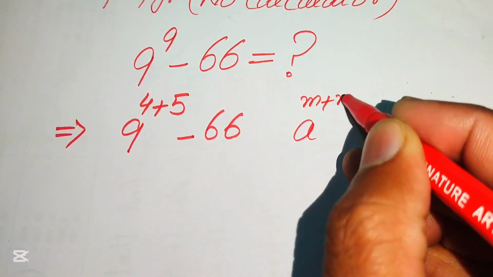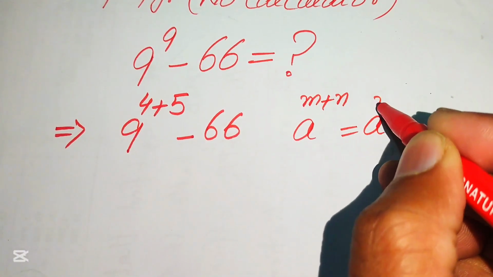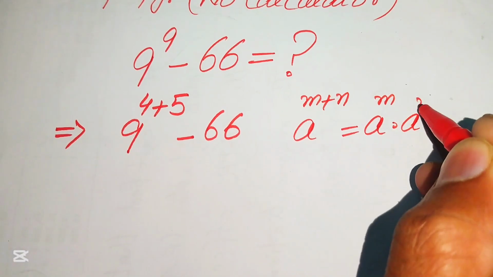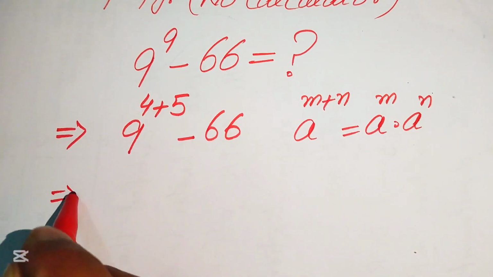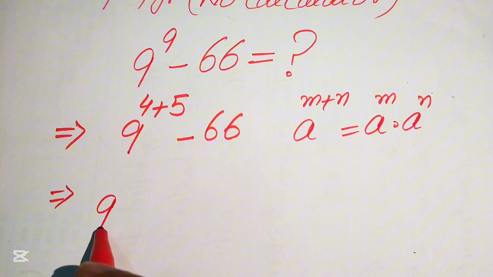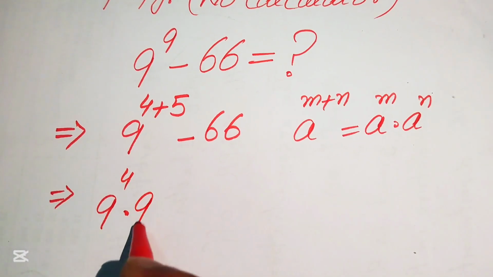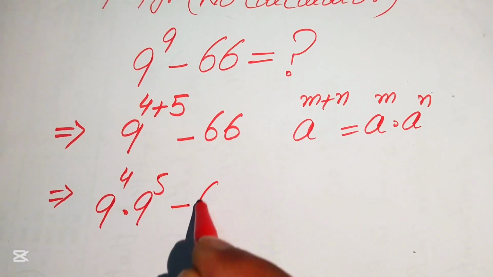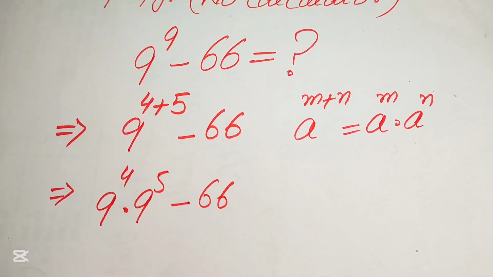If you have a to the power of m plus n, it is equal to a to the power of m multiplied by a to the power of n. So according to this exponent law, we write this term as 9 to the power of 4 multiplied by 9 to the power of 5 minus 66.